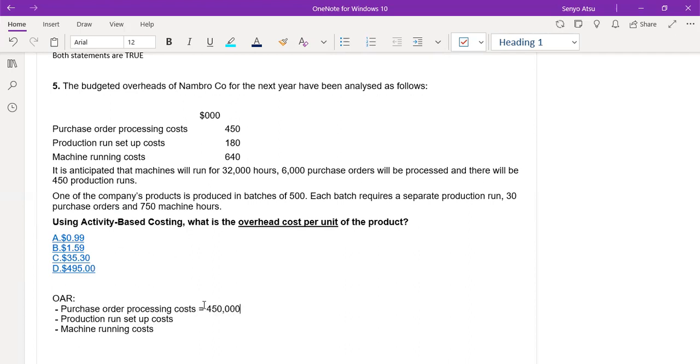Be careful about the thousands at the top. Use them. Judgment is required in PM to decide what drives the cost of purchase order processing.